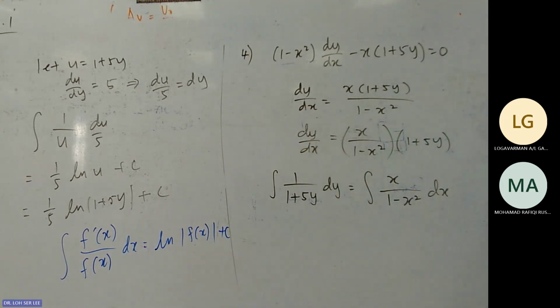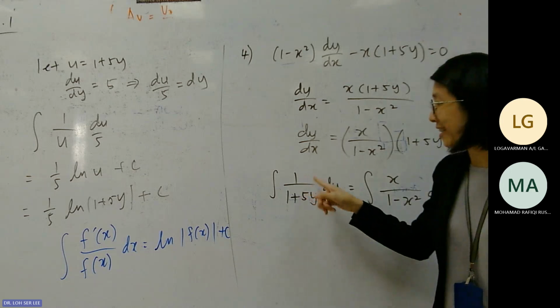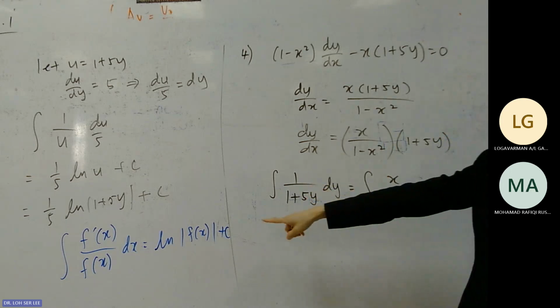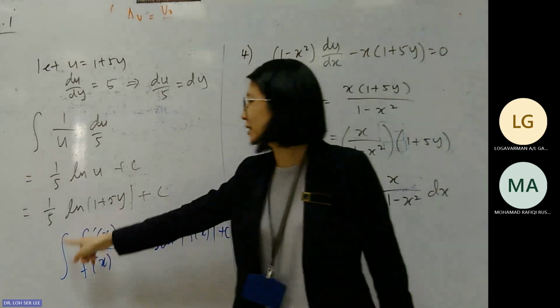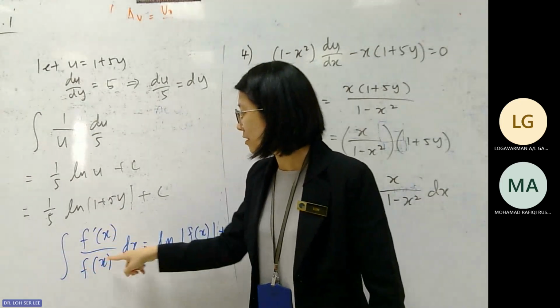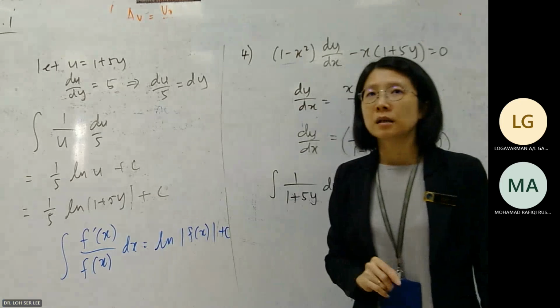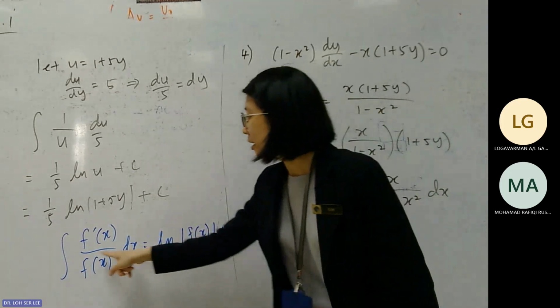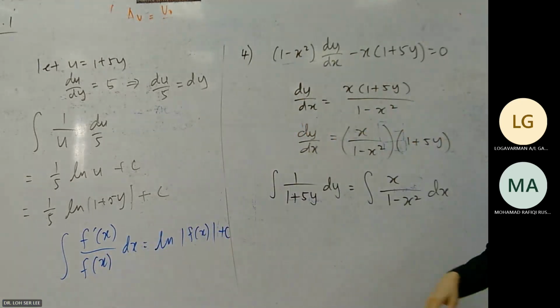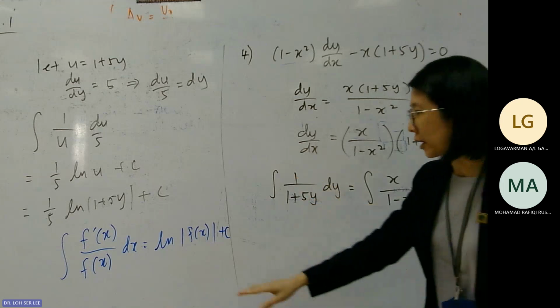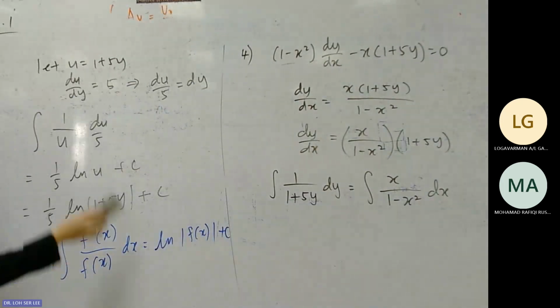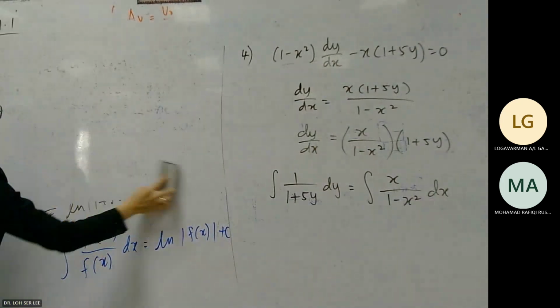Whenever you see a function in a fraction form, you try this one first. What is this? Integration of a fraction function where when you differentiate the denominator, you get the numerator. Then the answer will be ln of the denominator. Let me give one simple example first.